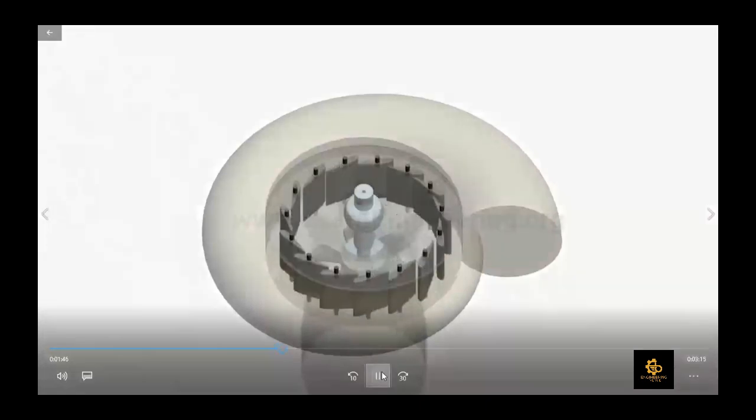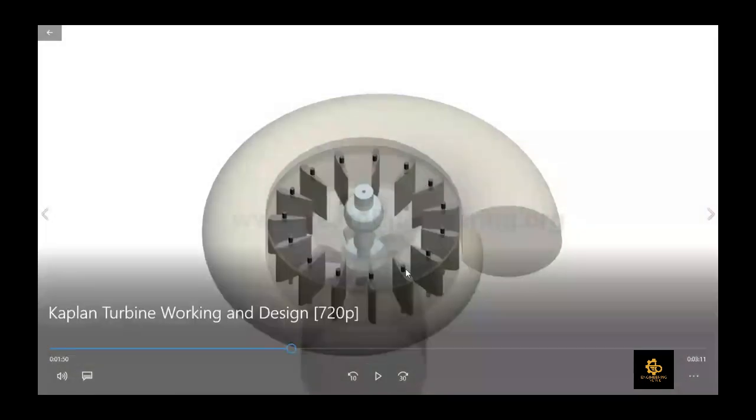Now you can see that when they are going to close, the volume flow rate would be a little bit less.